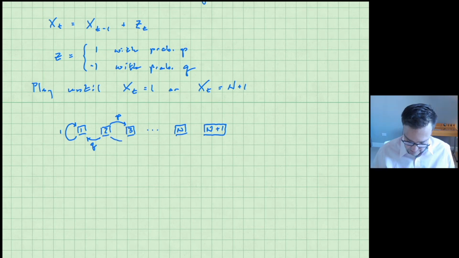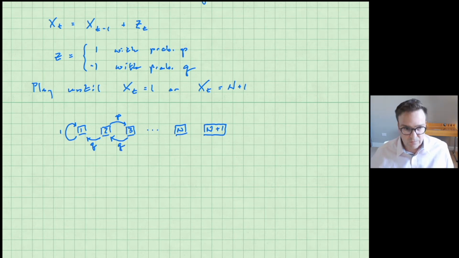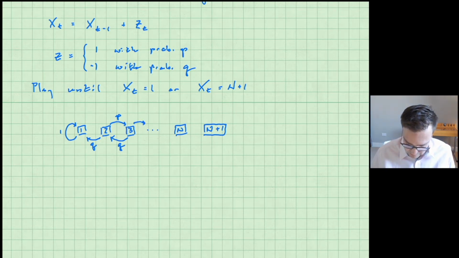And there's a probability of Q again for going from state 3 to state 2. And this just cycles over and over again, until you get to the end.